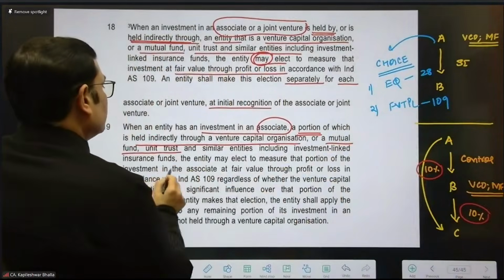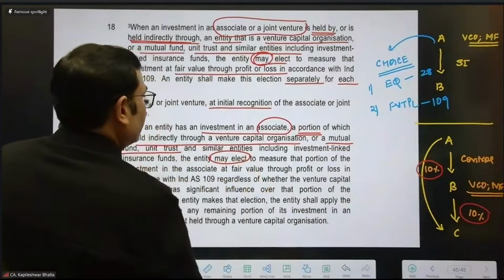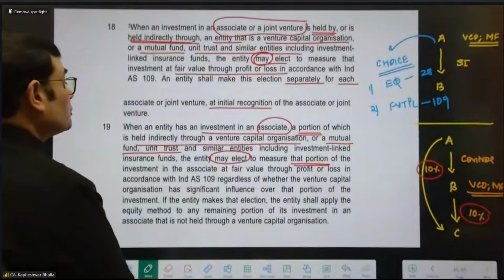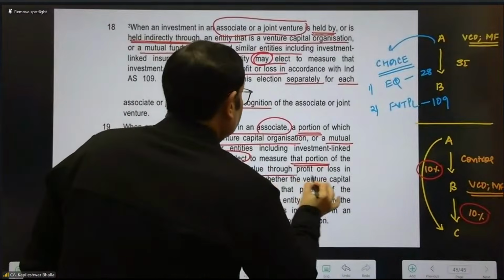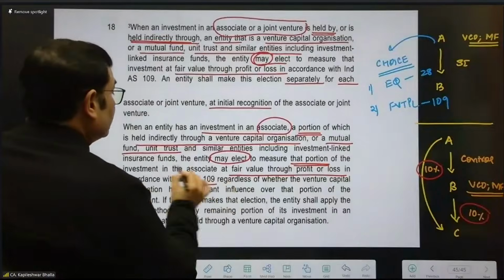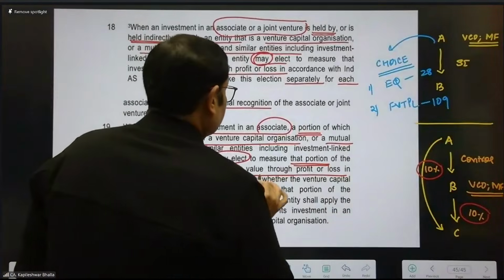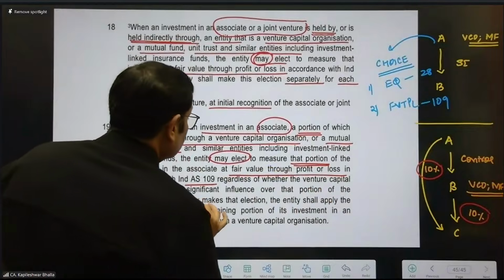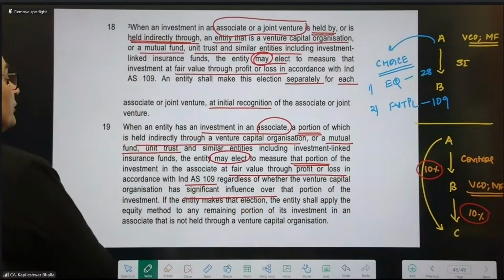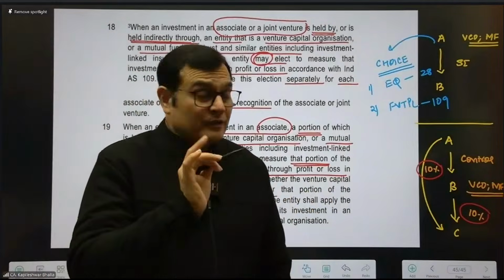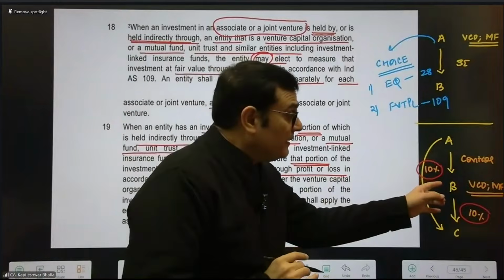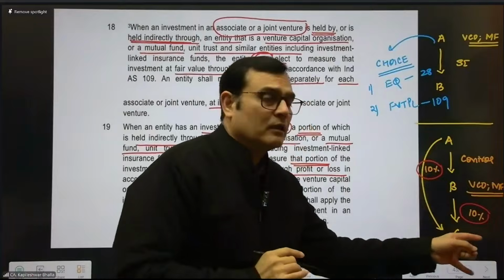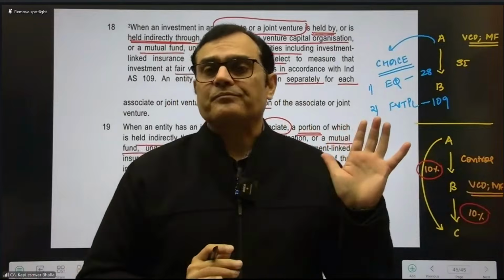It says in this particular case, the entity may elect to measure that portion of the investment at FVTPL in accordance with Ind AS 109, regardless of whether the venture capital organization has got a significant influence over that portion or not. So the interesting part is that if B individually has got a significant influence over C or not, that will not make a difference.